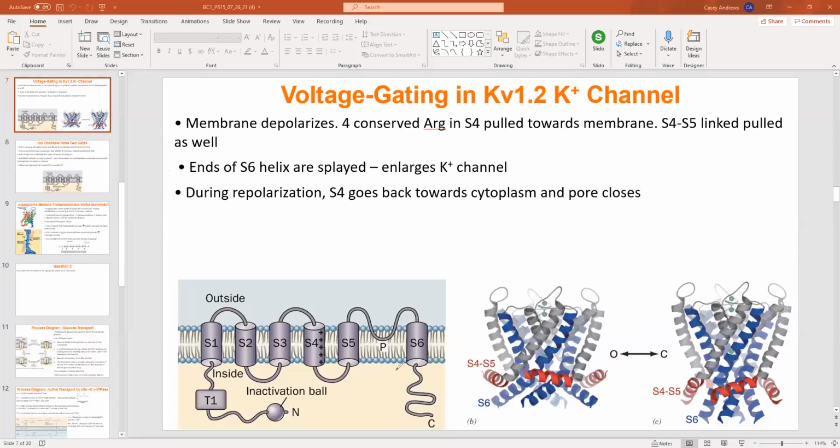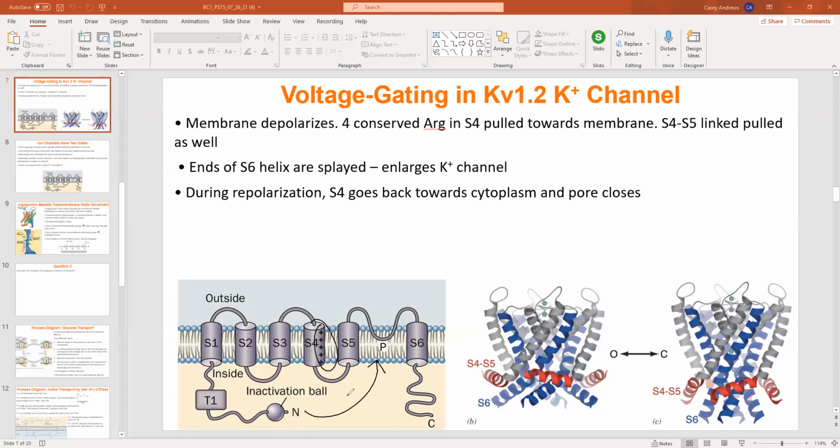So the potassium pore has these positive amino acids on helix 4. Sodium will flow into the cell, which will make these positive charges move away from the inside, opening the pore. And the way that this pore closes is that on the N-terminus, there's what's called an inactivation ball that swings right into the pore and closes it.